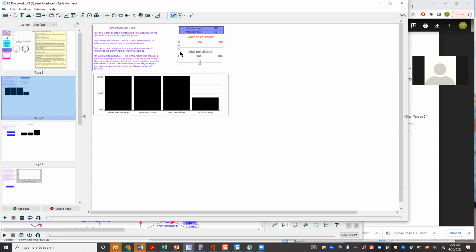This is human management within the system, to control dynamics. And as long as you're pruning, there's an expense to that. It's taking away points, but it's adding points if you get it to stabilize while you're doing that. So there's a bit of a balance there. And you can prune either black or white daisies. You have your choice. This is your pruning request that goes in here.